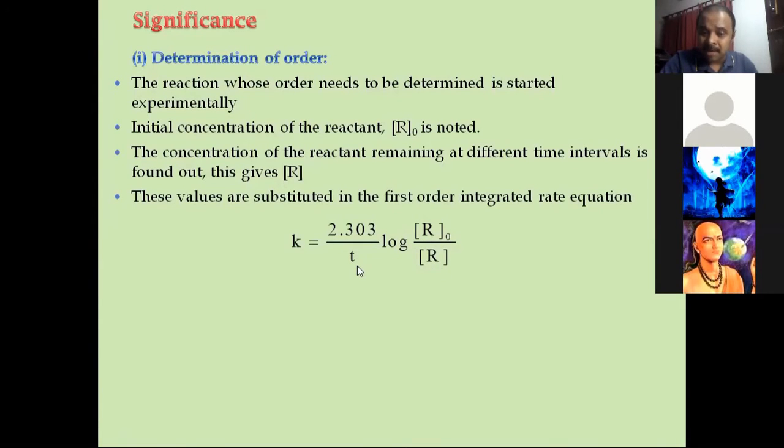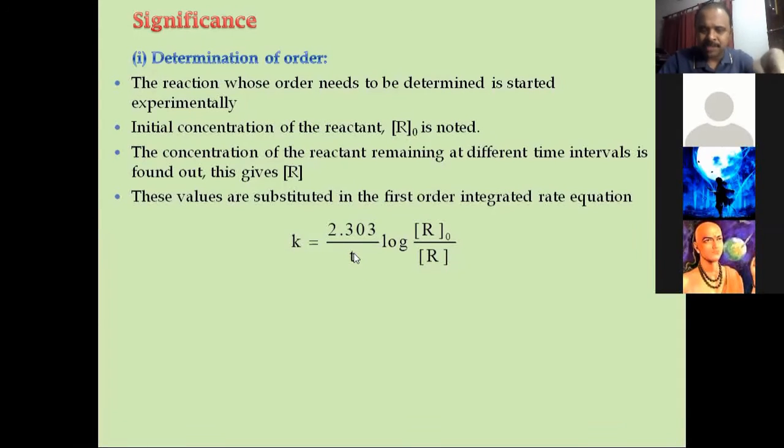So what is the time now? 5 minutes. Initial concentration, we have taken 10 moles. And the remaining concentration you will find out from the experiment, either by titration or something like that. Substitute and find out K5, which means the rate constant at the 5th minute. Similarly, find out K at 10 minutes, K10, K15, K20, K25, like that.